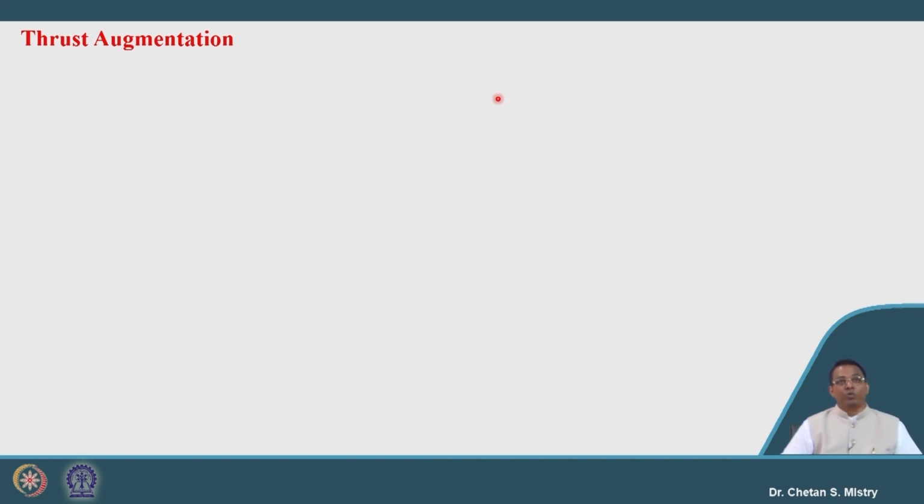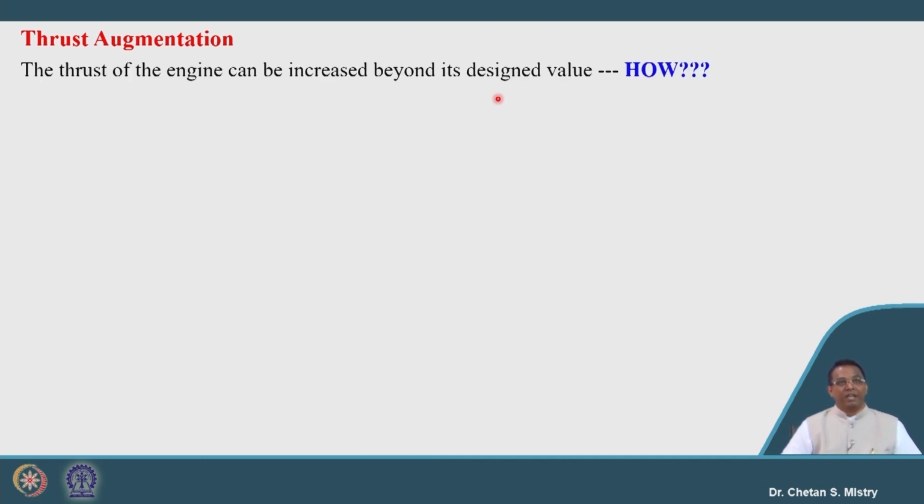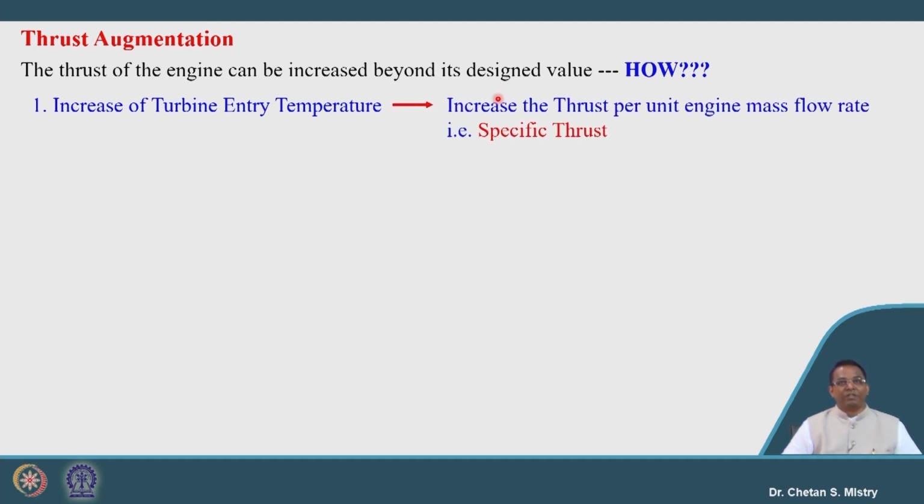That means I want to increase the thrust of the engine beyond my design value. How do we do it? Very first, as we have discussed, you increase your turbine entry temperature. If you increase the turbine entry temperature, we are able to increase the thrust per unit engine mass flow rate, or the specific thrust.